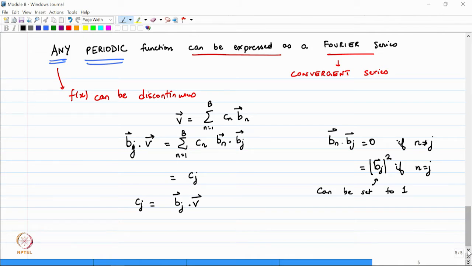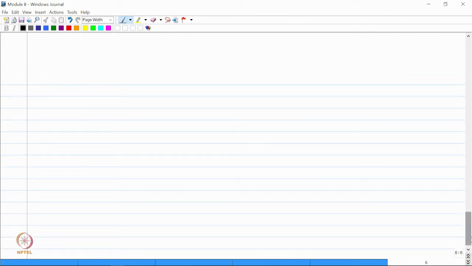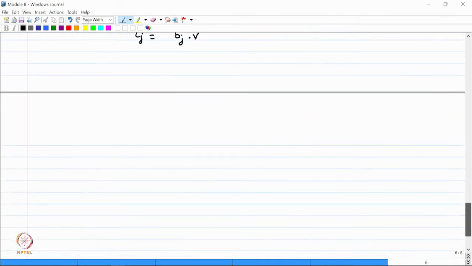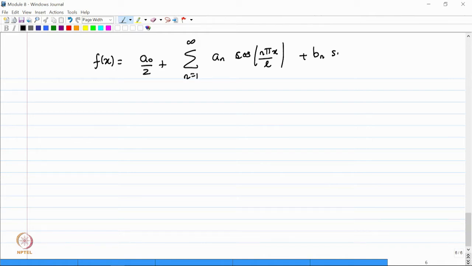Now, the same thing can be done, a very analogous thing for functions. If you have your Fourier series f of x equal to a 0 by 2 plus sum over n equal to 1 to infinity a n cos n pi x by L plus b n sin n pi x by L, I should emphasize that this factor of 2 is just for convenience.